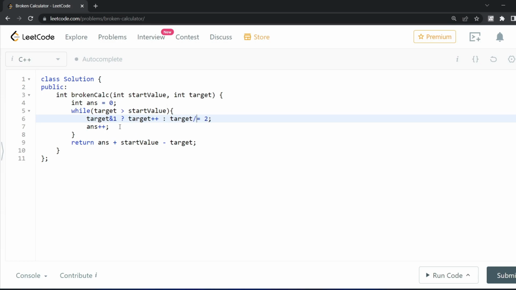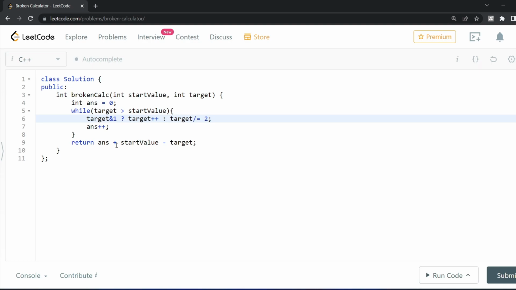Whenever we do any operation, we increment our answer. Once our target is less than the start value, there is no other operation. We just have to add 1 as many times as the start value is greater than the target. So we do answer plus start value minus target. So this is the answer to this question.